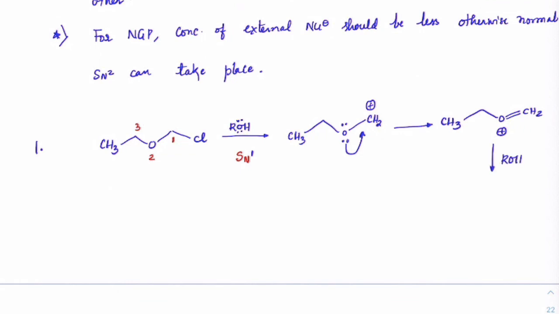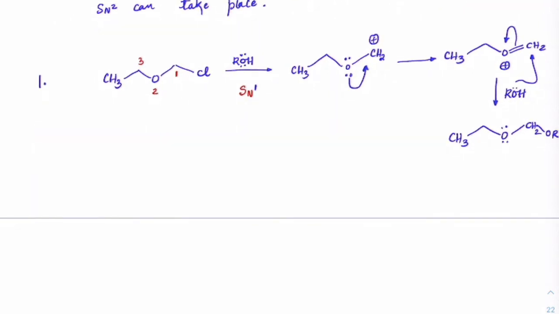Then reaction with ROH: the lone pair here will attack here, the pi bond shifts, and we get CH2 and OR. This will be the final product. So it is only driving through an SN1 reaction. Make a note.